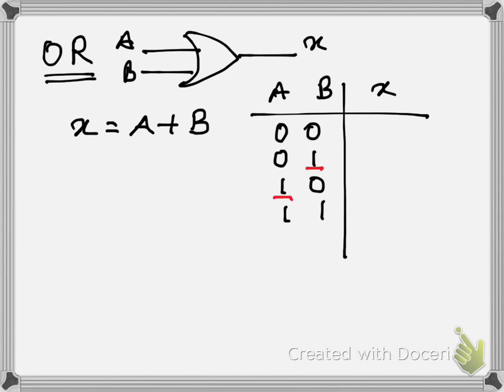Here my output would be 0 because neither A nor B is 1. Here B is 1, so output is 1. Here A is 1, so output is 1. And here both are 1, so output is 1. So this is the truth table for the OR operator.